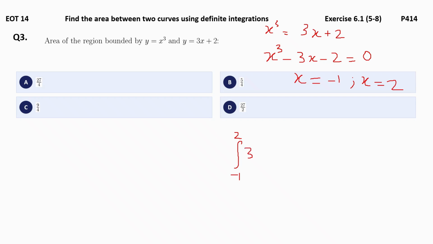So it is 3x plus 2 minus x cube. And when you enter in the calculator, you will be getting 27/4. And the option is A.